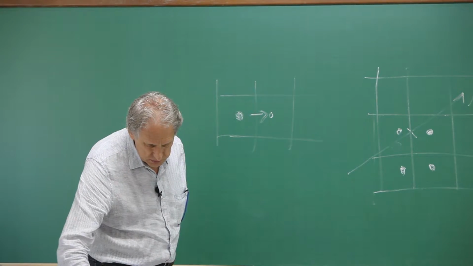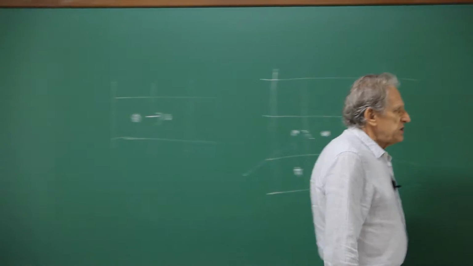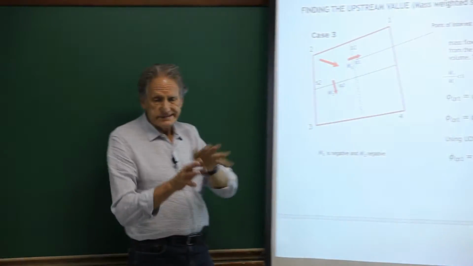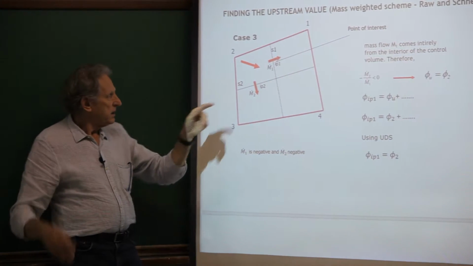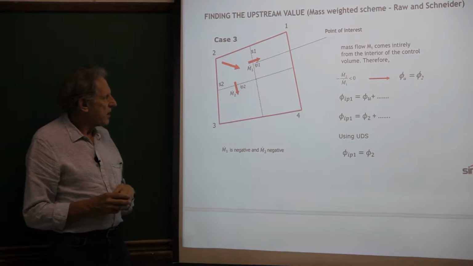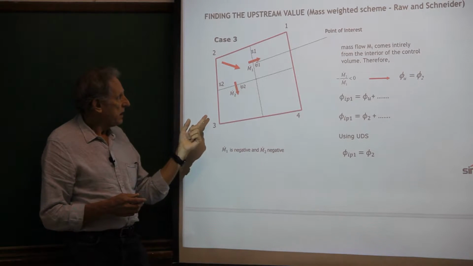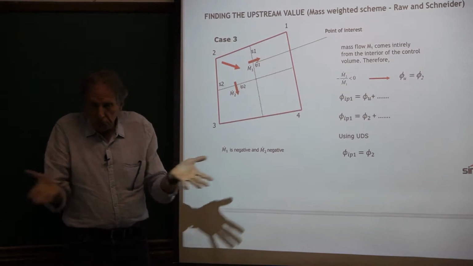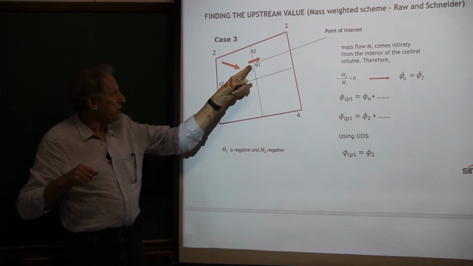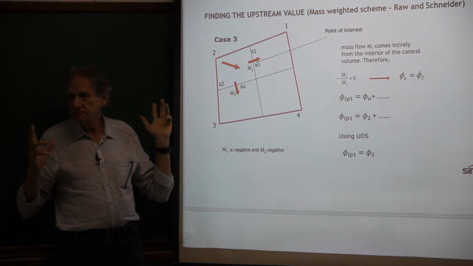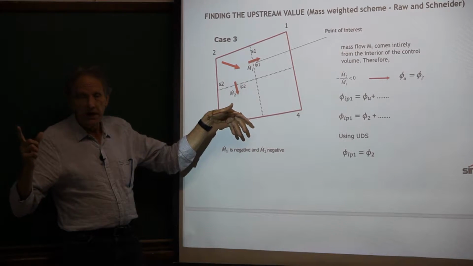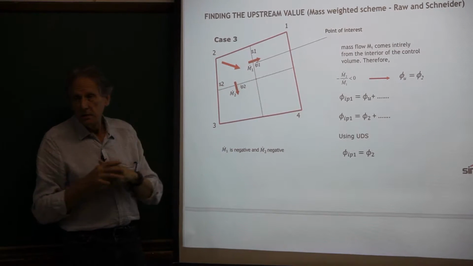a third case, in which flow comes from the nodal point 2. It divides for the integration point 1 and integration point 2. And now, what point is giving the information to the integration point 1? This one only. This mass flow does not carry information from here to there.